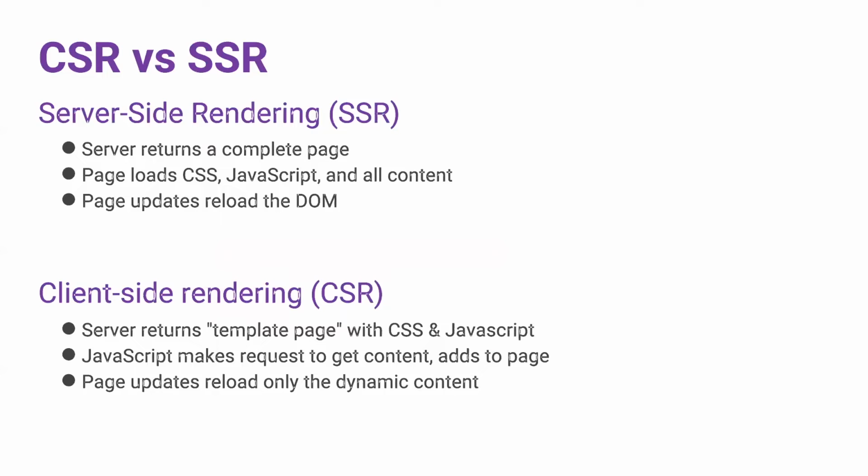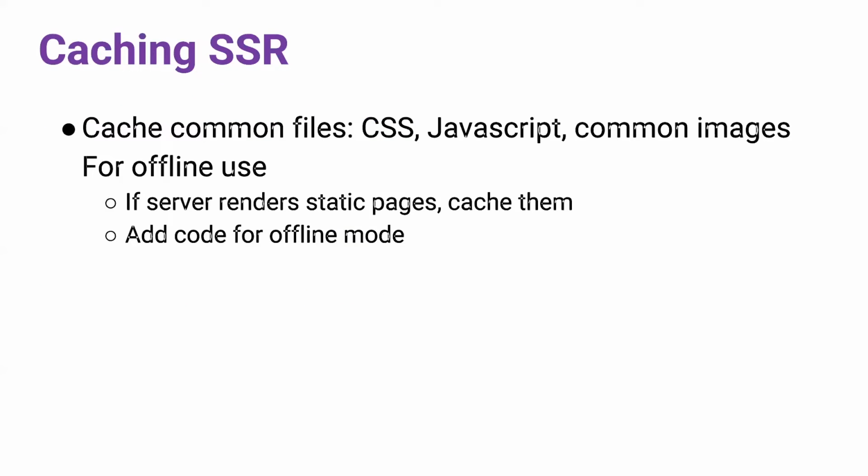For client-side rendering, the server returns a template page, which is static on the server, and CSS and JavaScript files. The JavaScript loads the content and adds it to the page. The page only reloads the dynamic content. Caching server-side scripting is caching the common files, JavaScript, CSS, and common images on the device, so we can easily access them.